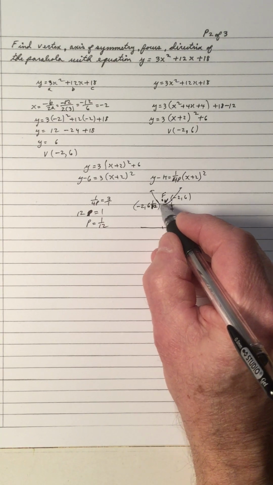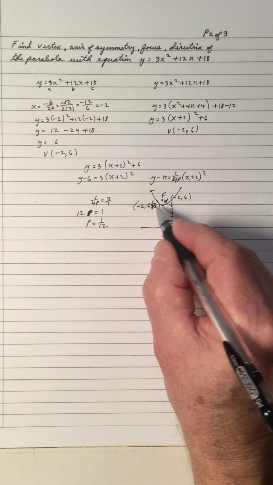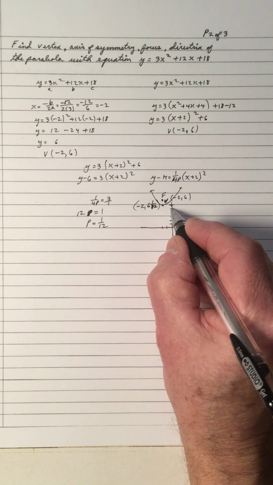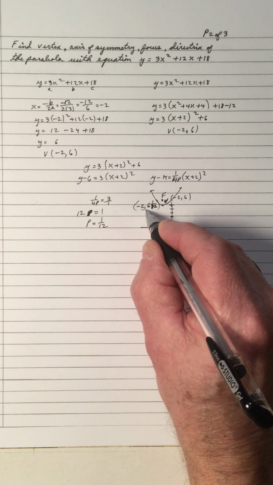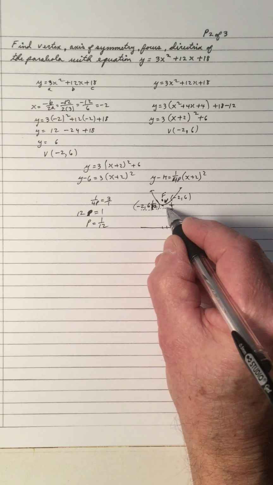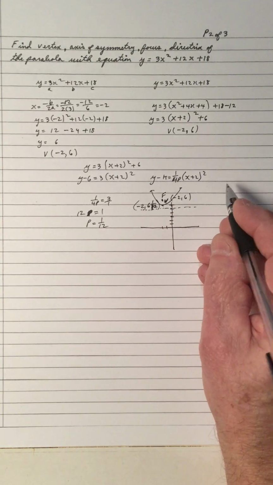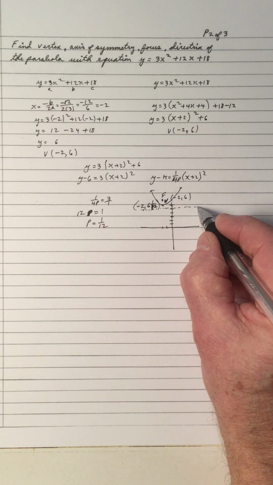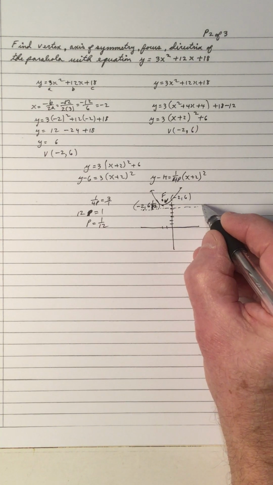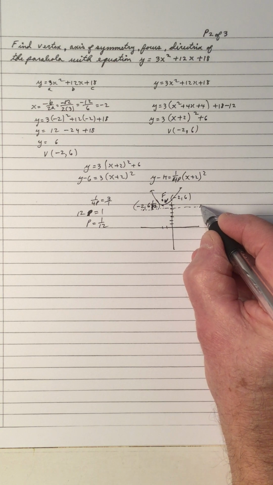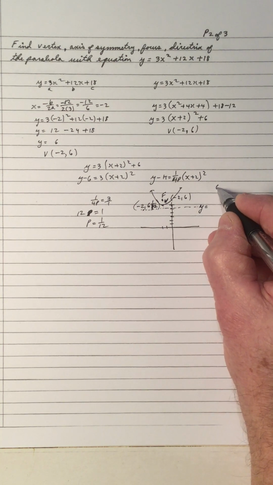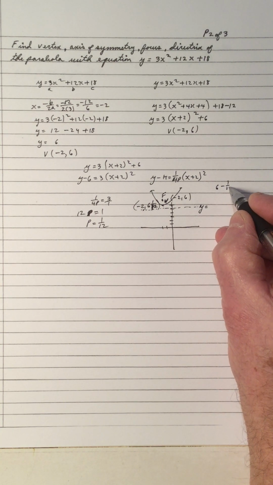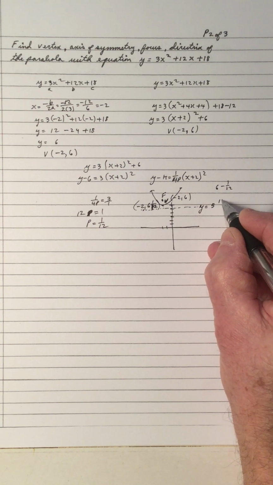We move up 1/12 from the 6. And the directrix is on the other side, 1/12 down. So the directrix is right here, and it's going to take out the 6. So the directrix is y equals 6 minus 1/12, which gives us 5 and 11/12.